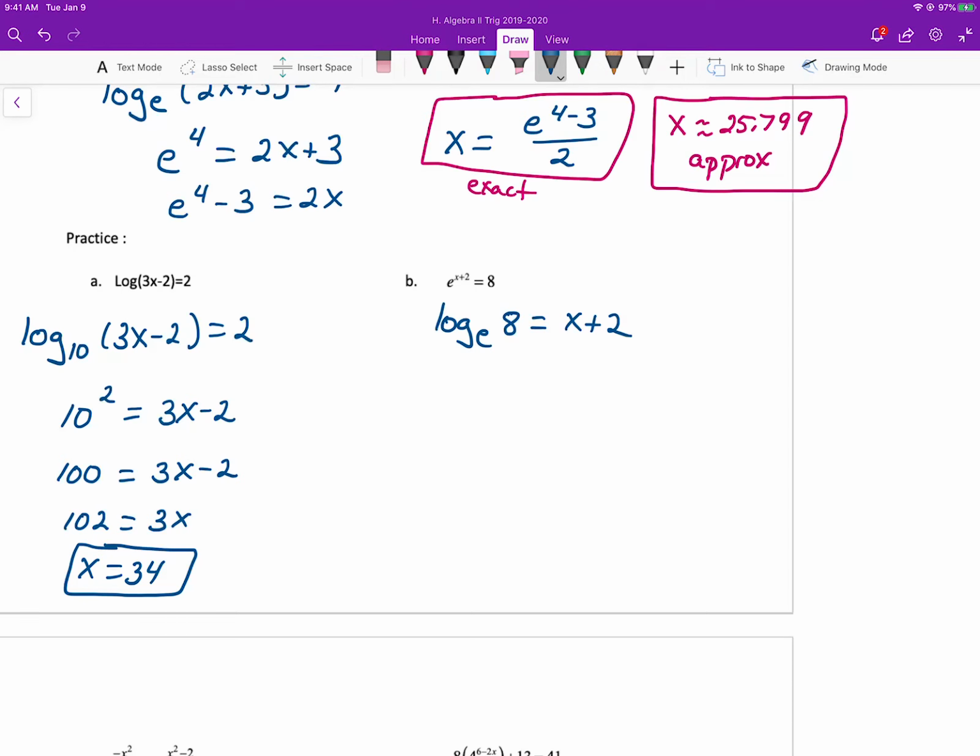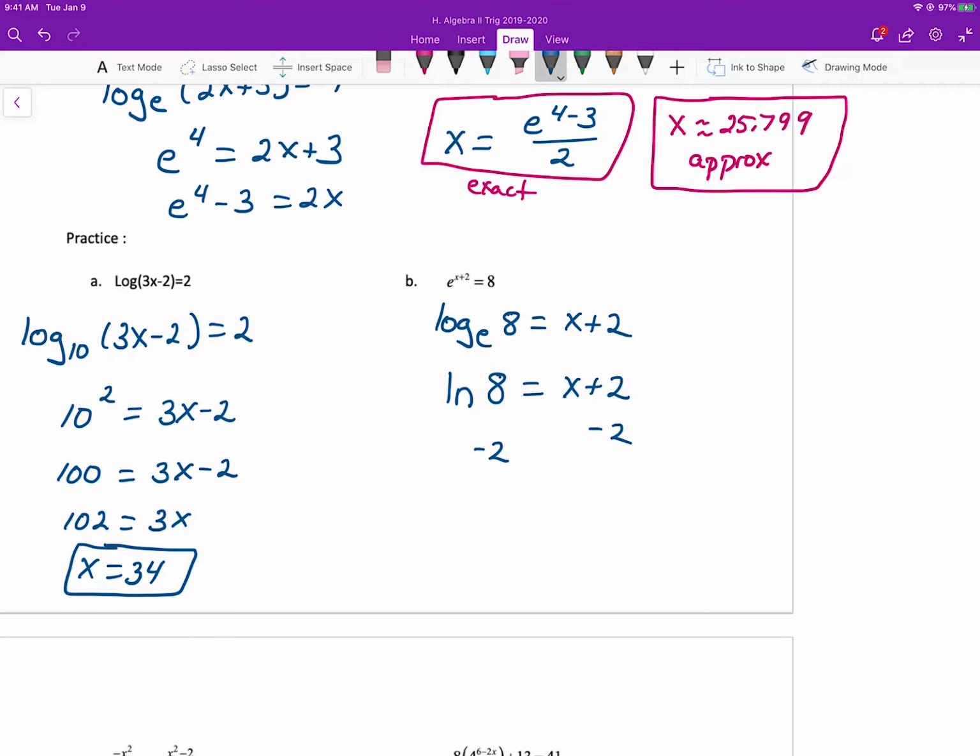And now at this point, I'm noticing whenever I have a base of e, that will be the natural log. So the abbreviation for that is ln instead of log with a base of e. Then ln 8 equals x plus 2. And now to solve for x, we subtract the 2 on both sides.